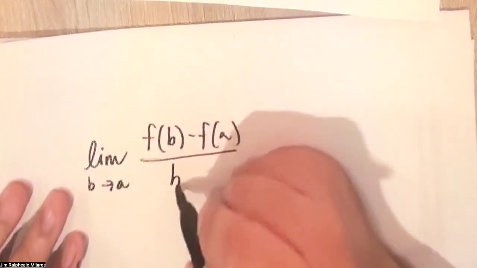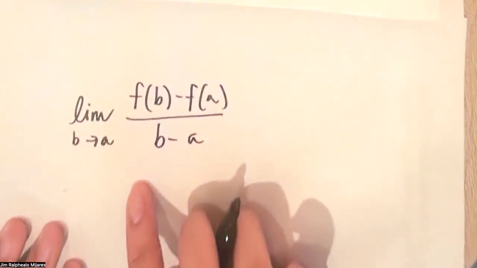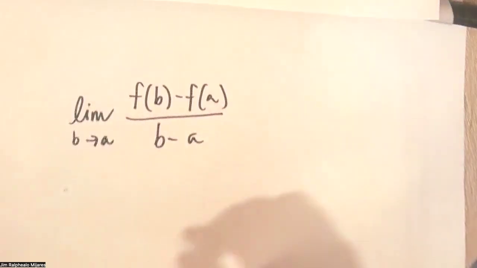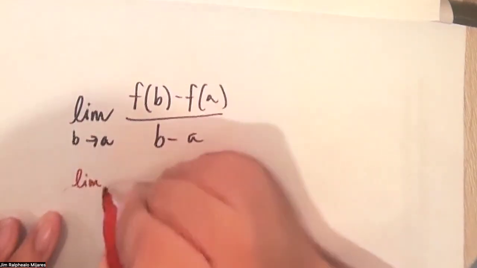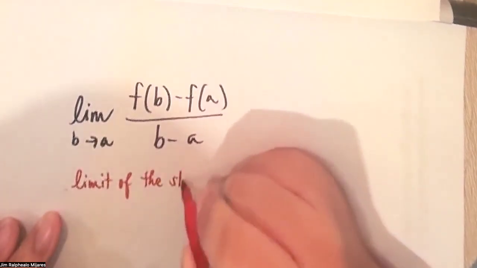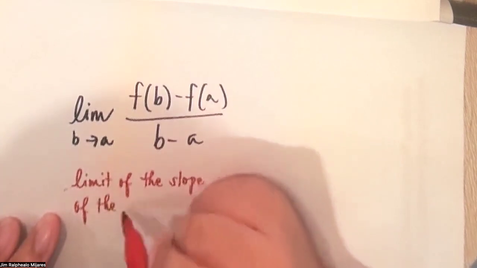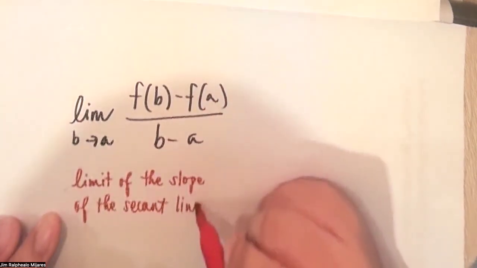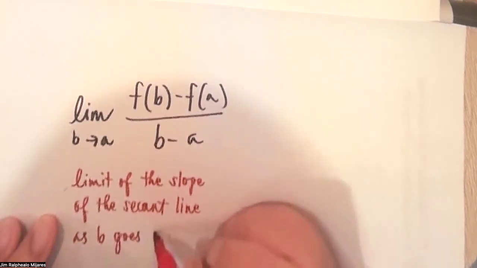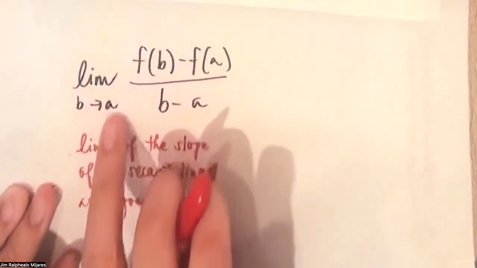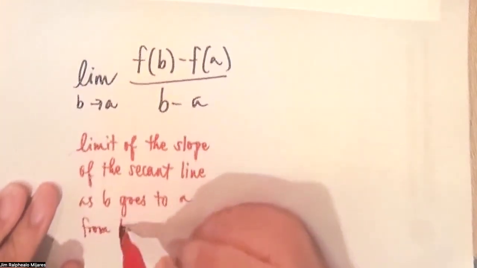So if we then try to find the limit as B approaches A of f of B minus f of A all over B minus A, we can read this as the limit of the slope of the secant line as B goes to A from both sides, because this is a two-sided limit.